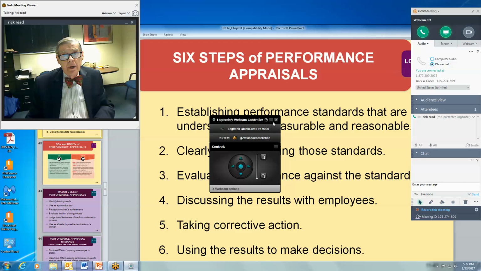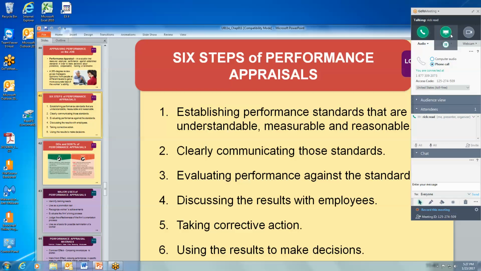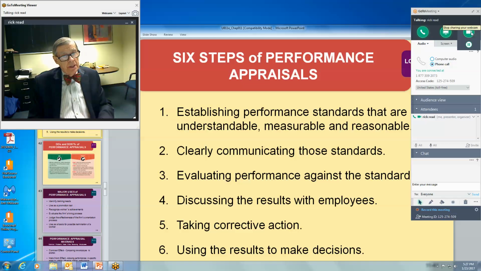You are evaluating a person, an employee, based upon performance standards that are normally outlined in a job description, and they're measurable. The employee knows what the standards are because he or she has a copy of the job description. We evaluate performance against standard.